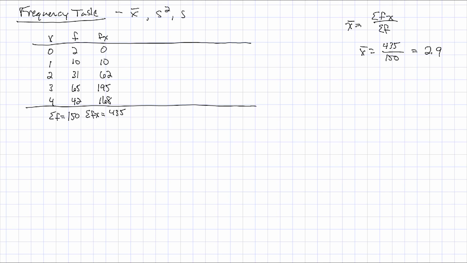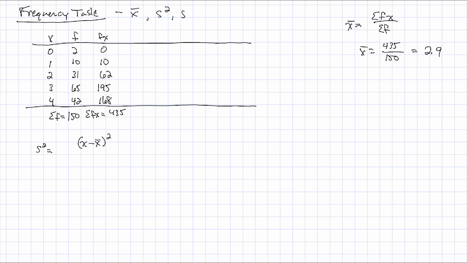Now the equation that we're going to use to calculate the variance must account for the frequencies. So it is the same x minus x bar squared, but what you have to understand is that we do this x minus x bar squared calculation for each value in our data set. And this frequency table represents a vector. So we have 2 values that are 0, so you're going to have 0 minus the mean squared appear twice.